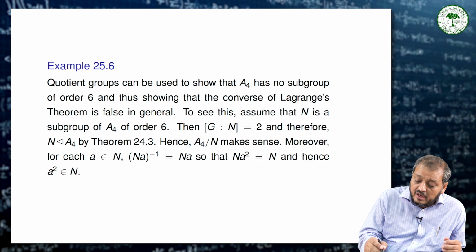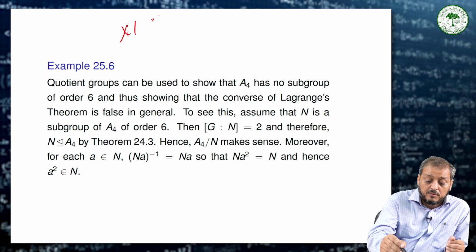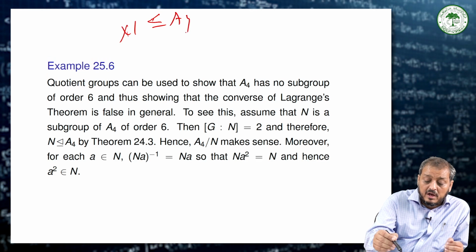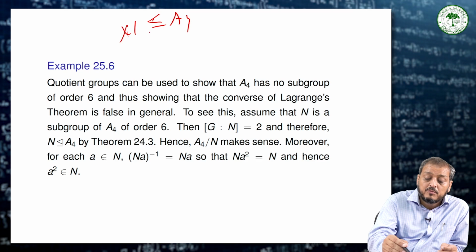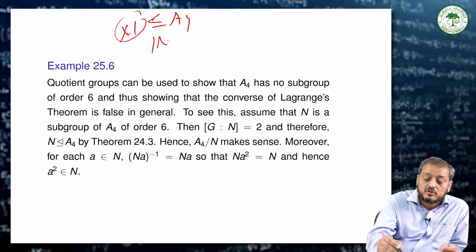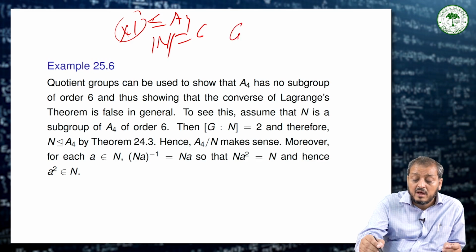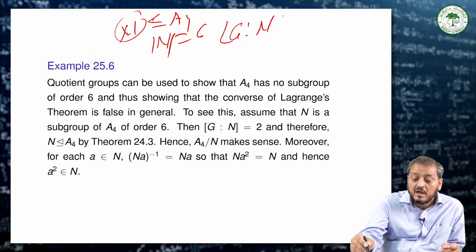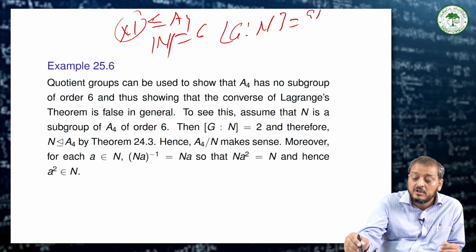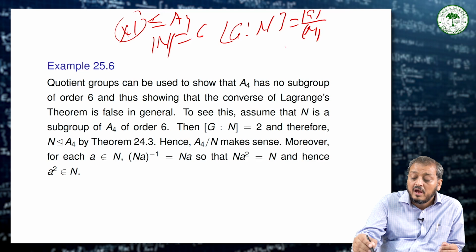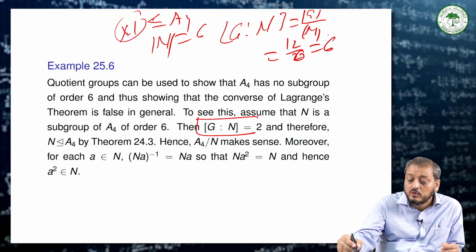To see this, assume that N is a subgroup of A4 of order 6. But you know that the index of N in G is equal to the order of G over the order of N, and G has order 12, so 12 upon 6 is equal to 2.